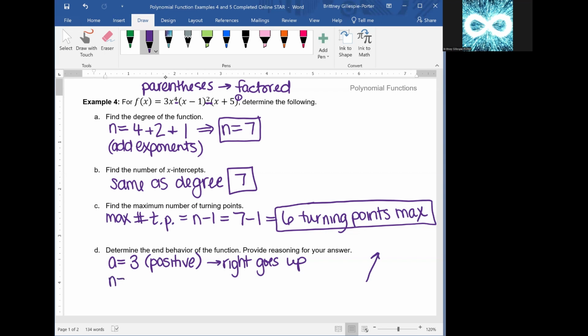Our degree is 7, which is odd, and that means that our arms are opposite. They go in opposite directions. Since my right side is rising, my left side must fall. So my end behavior is that we fall left and we rise right.